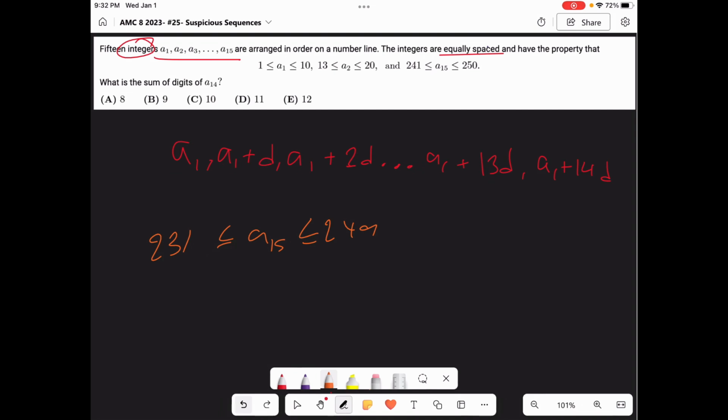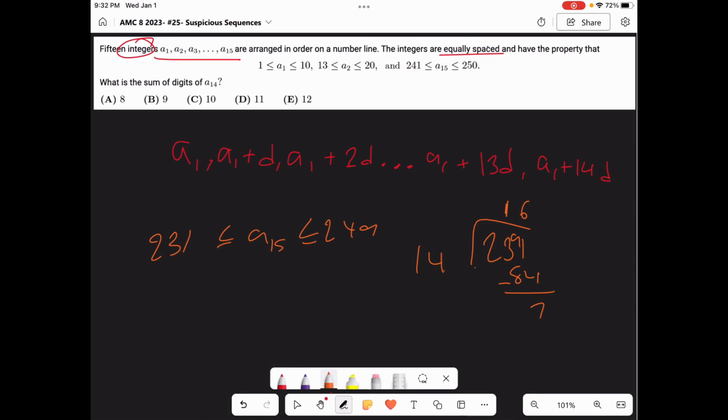So first of all, we can just find some multiples of 14 that are between these ranges. Let's just try out some numbers. Let's say 231 divided by 14 to get a rough idea. That's going to be 16, with 84 and a remainder of 7.